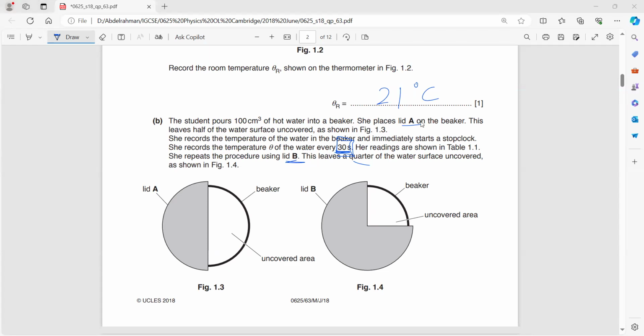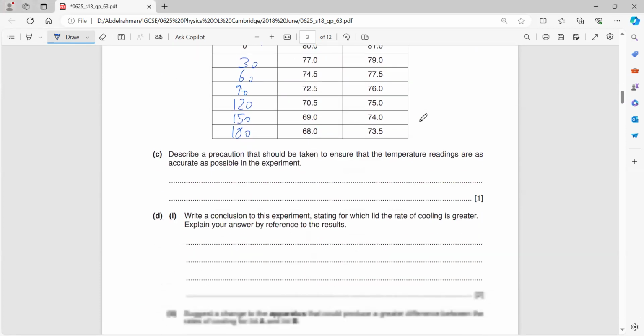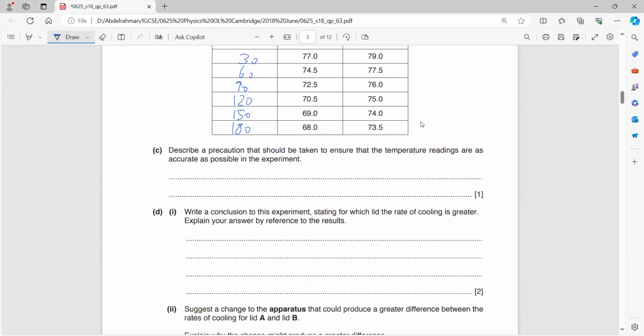One very famous example for the precaution of the thermometer is what? Take the reading perpendicularly. Why? To avoid parallax error.